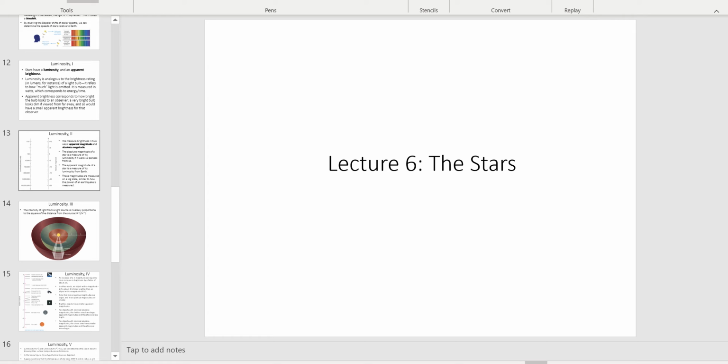The luminosity we usually measure with the absolute magnitude scale. The apparent brightness we measure with the apparent magnitude scale. And then I talked about how we categorize stars on an XY plane, a two-dimensional plane, a piece of paper, and that's called the Hertzsprung-Russell diagram.